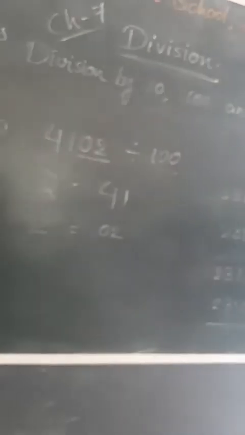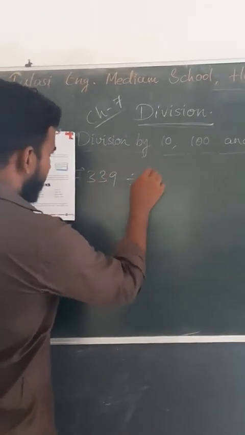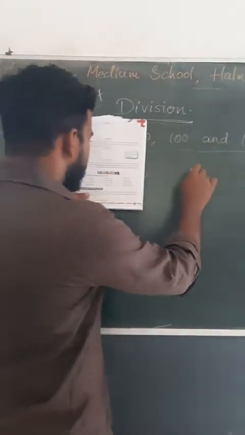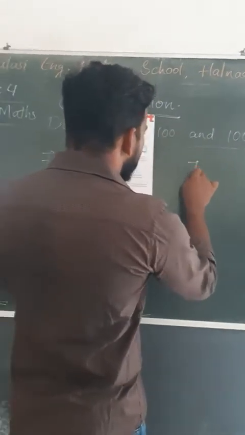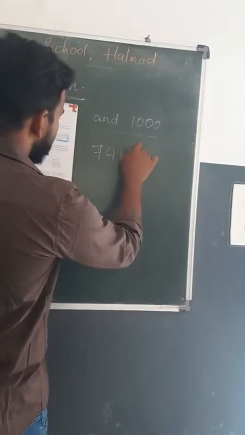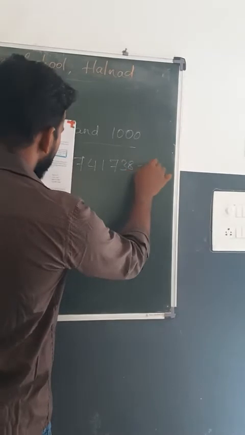Okay, exercise. 7,339 divided by 100. Let me do some. 7,41,738 divided by 1000.